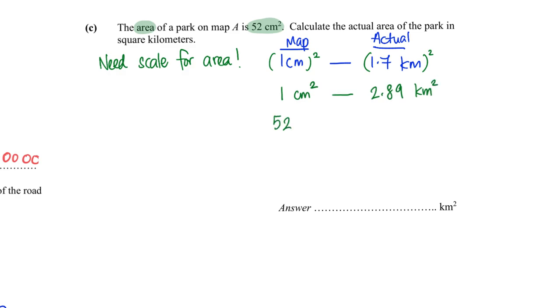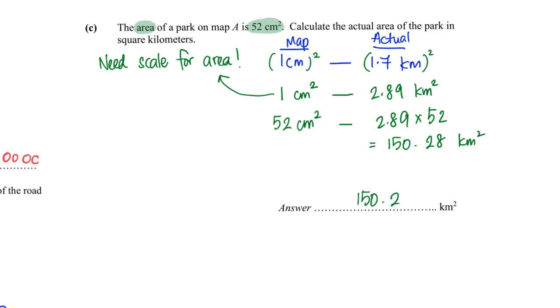This is my scale for the area. I will then be able to get this easily. I just need to multiply by 52. That gives 150.28 kilometers square, and that will be the answer for this question, exact value.